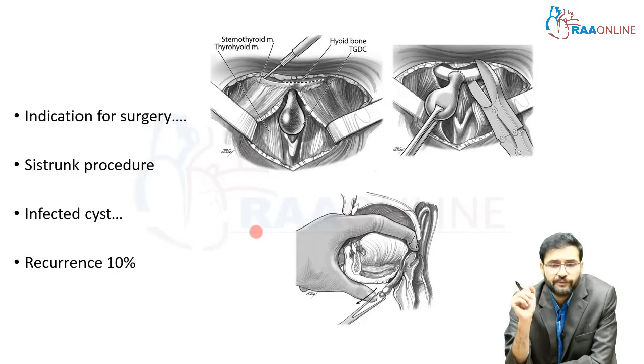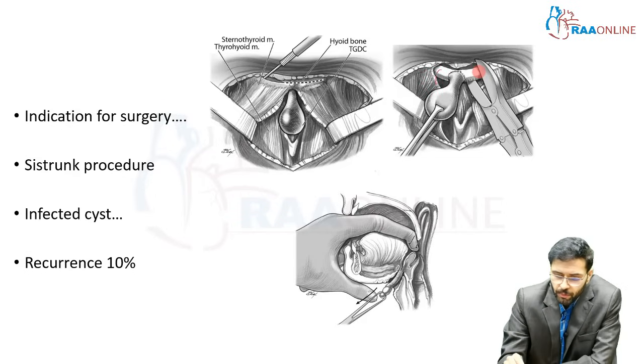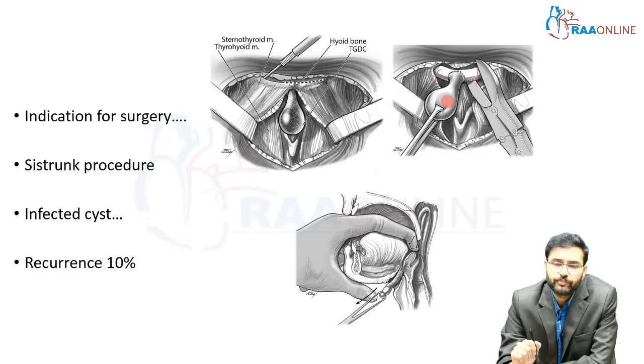The cyst is identified and dissected up to the hyoid bone. The superior and inferior muscular attachments to the hyoid bone are divided, which would be the hyoglossus above and the mylohyoid below. The centrum of the hyoid bone is freed and divided along with the cyst.